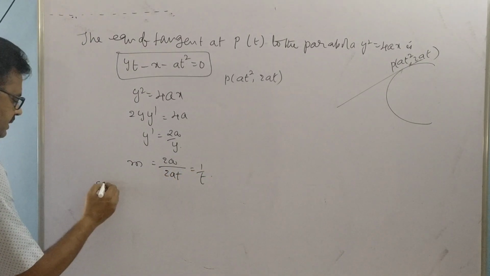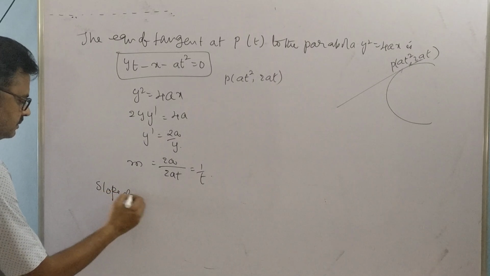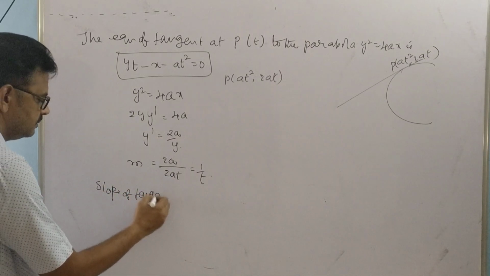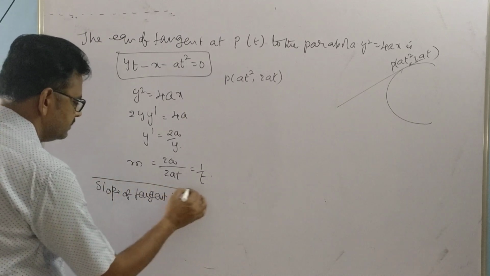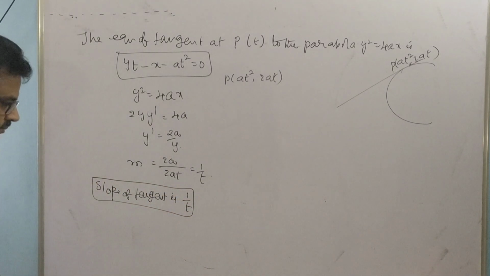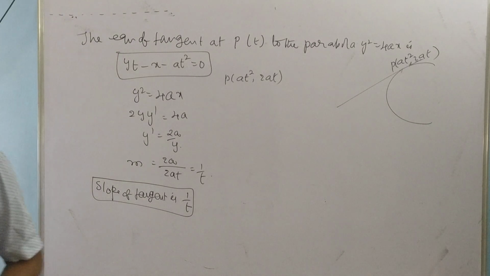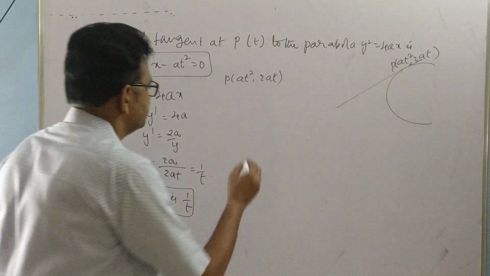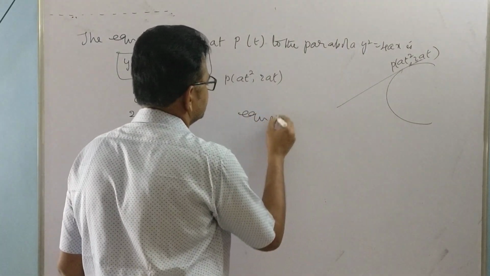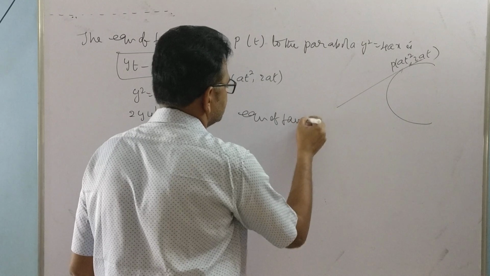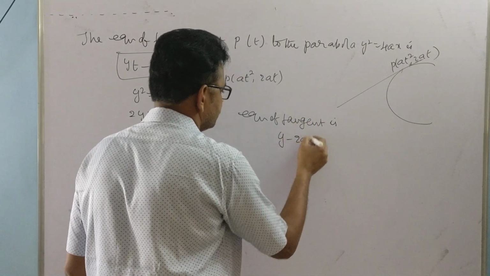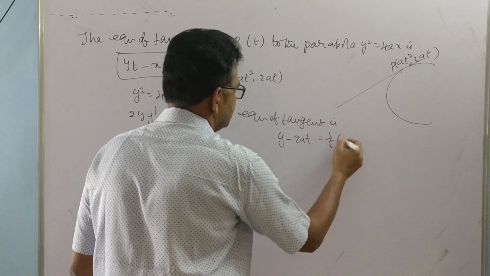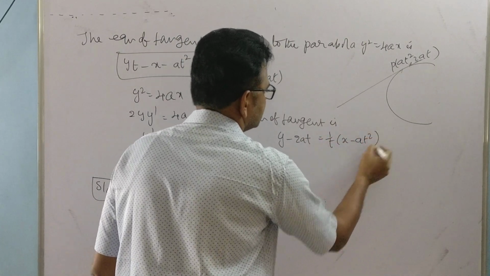So slope of tangent is 1 by t. Now equation of tangent is y minus y1 is equal to m into x minus x1.